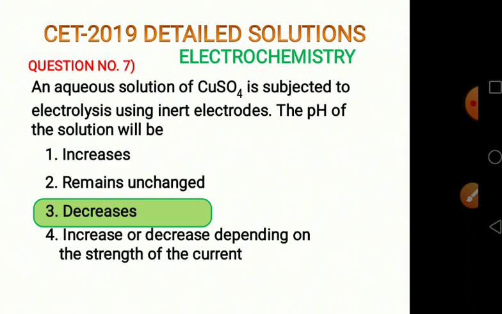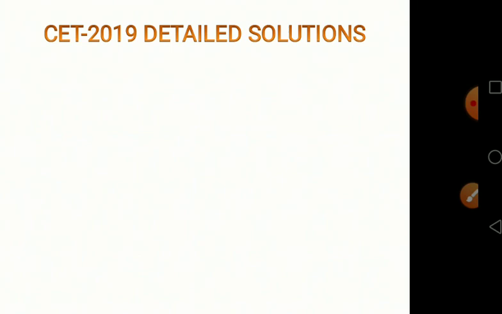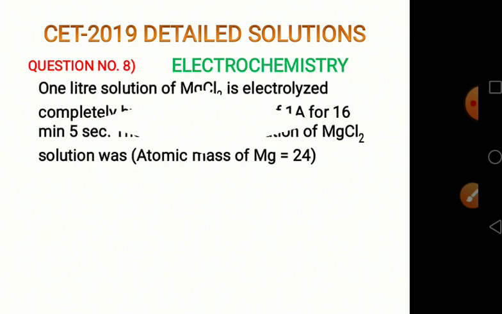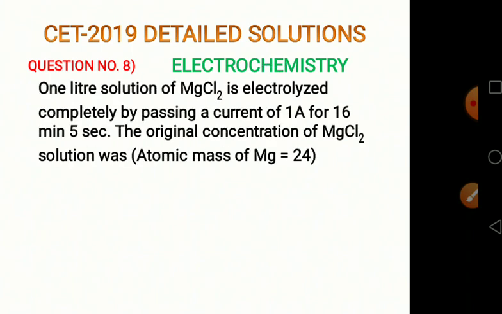Very important type of question. Then we will see question number 8. Remember, it's also from electrochemistry. 1 liter solution of MgCl2 is electrolyzed completely by passing a current of 1 ampere for 16 minutes 5 seconds.